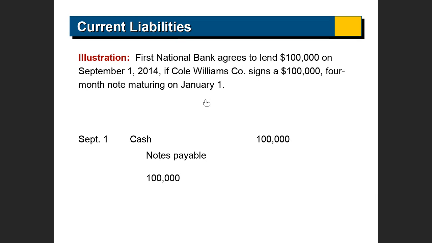So debit cash coming in 100,000, credit notes payable 100,000. This is reported in the current liabilities because it's only a 4-month note payable. This is reported in the current liabilities section. You're following, yes?